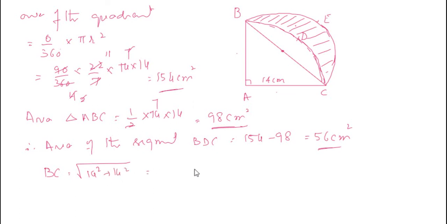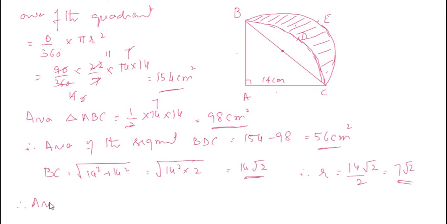So this is equal to square root of 14 square into 2, or BC equal to 14 root 2. Therefore radius R equal to 14 root 2 divided by 2 equal to 7 root 2.